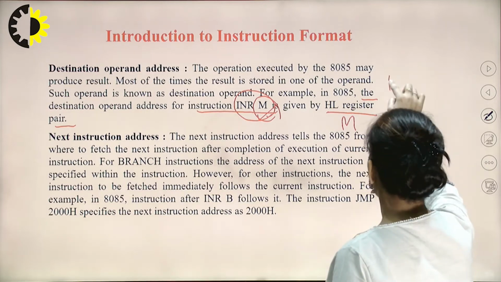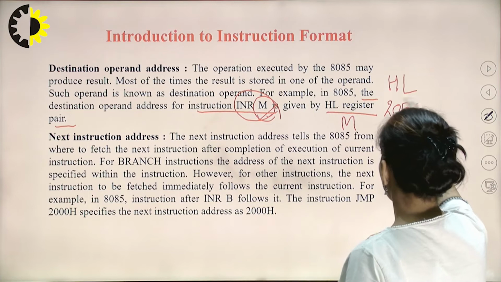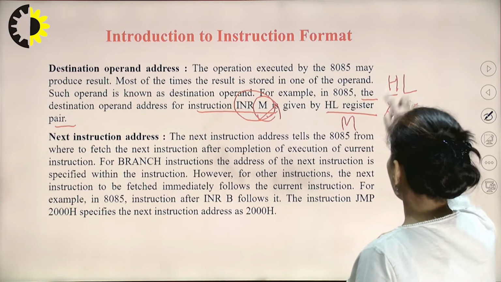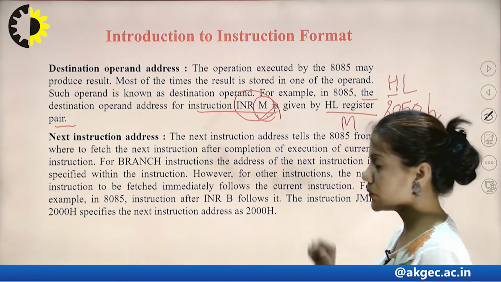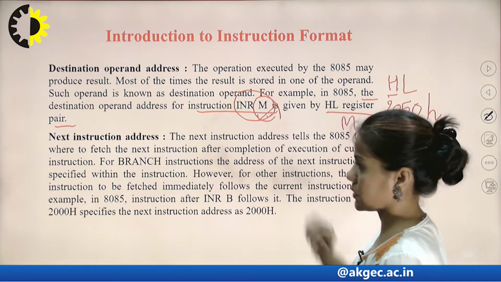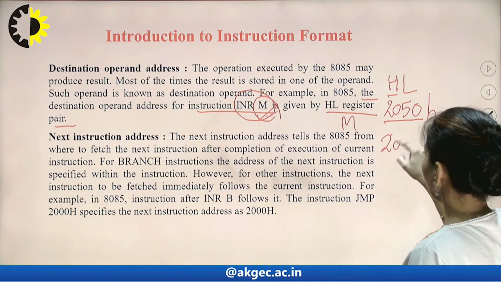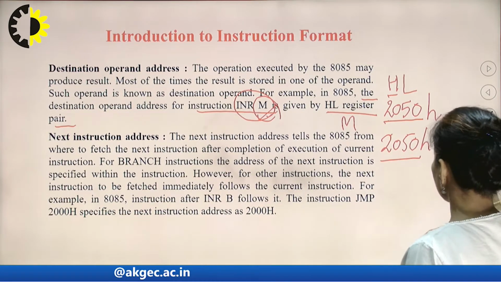Suppose the HL register pair has 2050, H containing 20 and L containing 50. So in combination it gives 2050H. Now I am writing this instruction INR M. What will happen? The memory address pointed to by this, suppose it is containing 40.